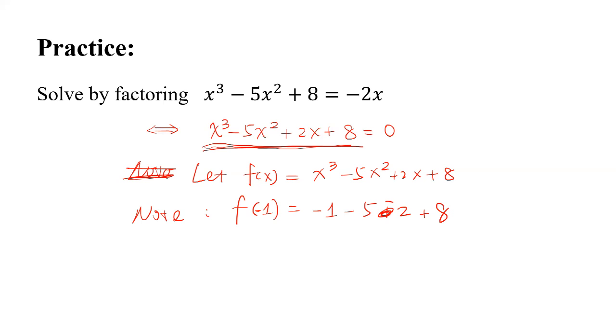Minus 1 minus 5 minus 2 plus 8, which is 0, right? And that means x plus 1 is a factor, right? Okay, so now we can find the other factor using the long division.